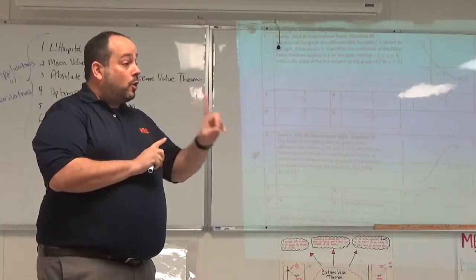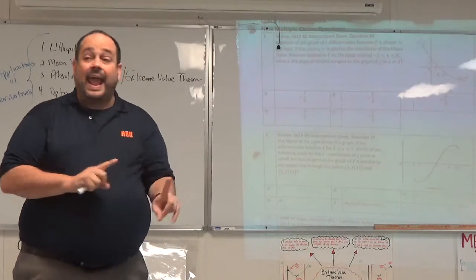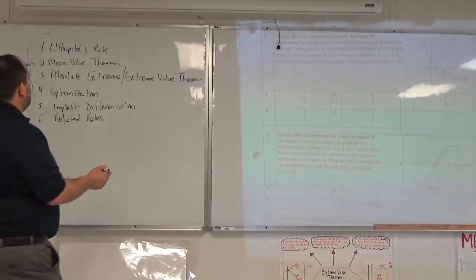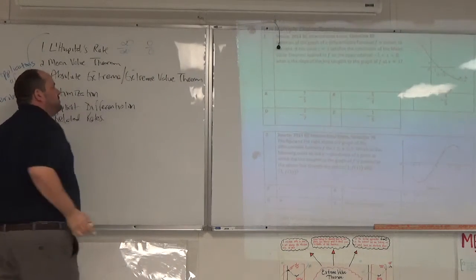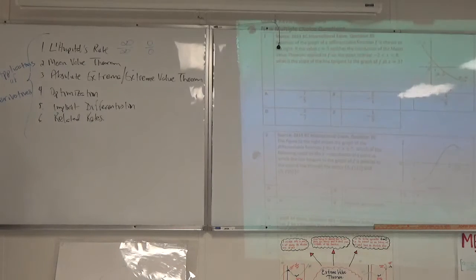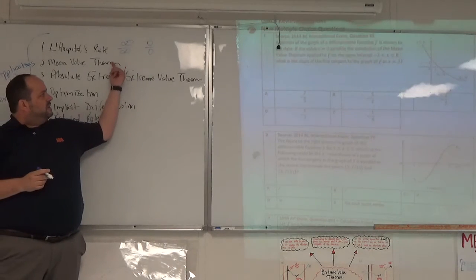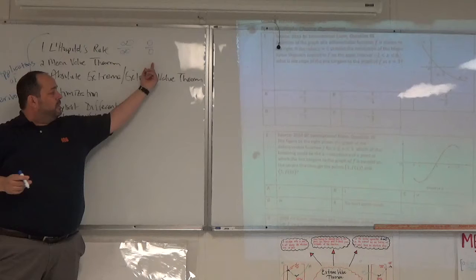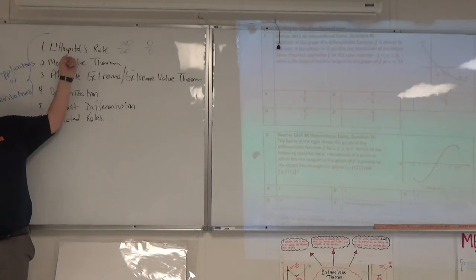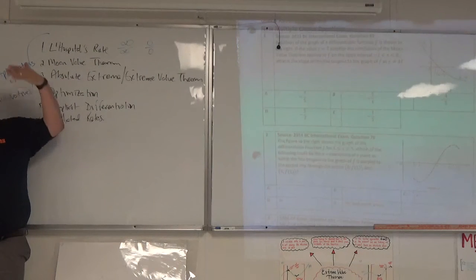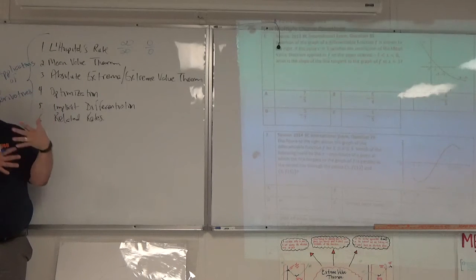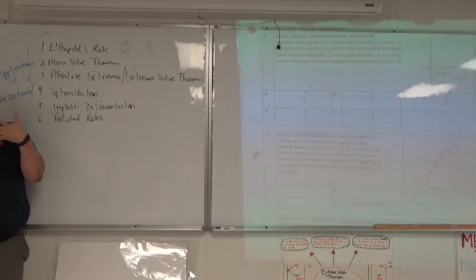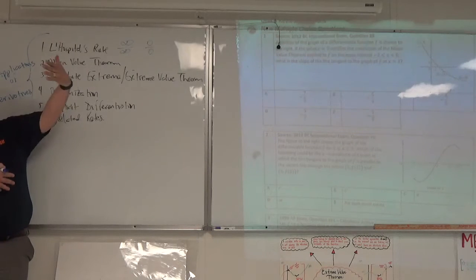If, number one, you're working with a limit and you're getting infinity over infinity or 0 over 0, those two popular indeterminate forms. Now, if you see infinity over infinity or 0 over 0 in a limit problem, then what L'Hopital's rule says is derivative of the top, derivative of the bottom. This is not the new quotient rule. This is L'Hopital's rule that just says derivative of the top, derivative of the bottom.